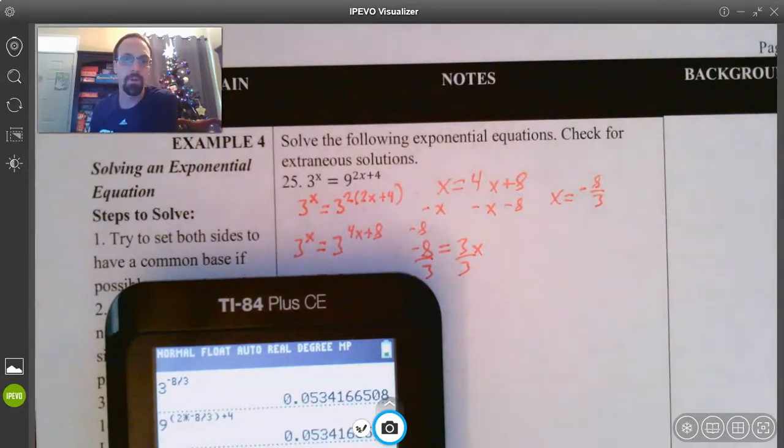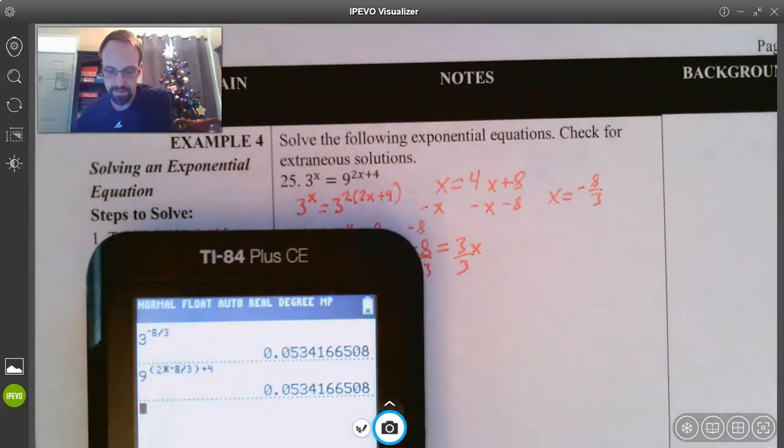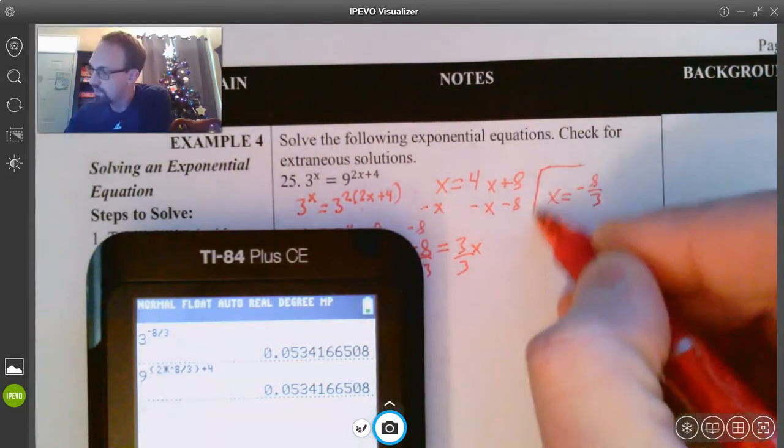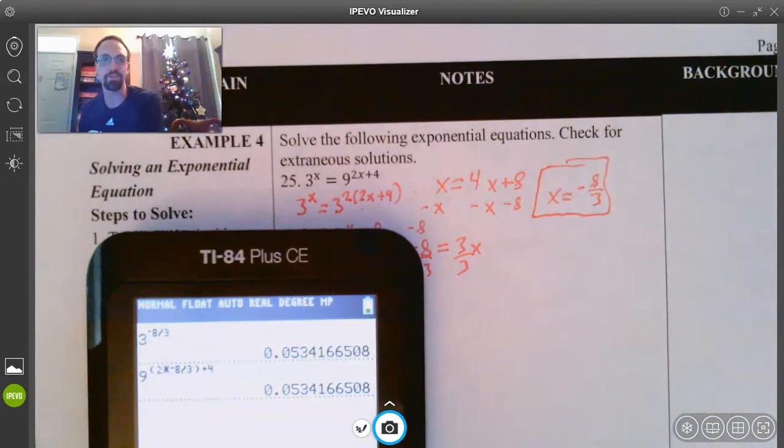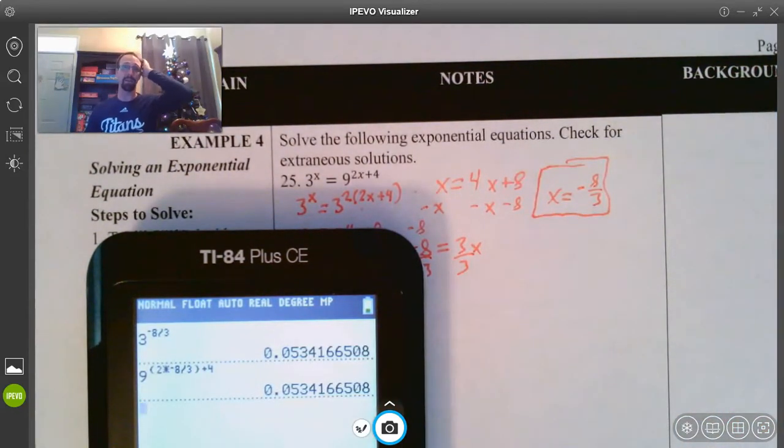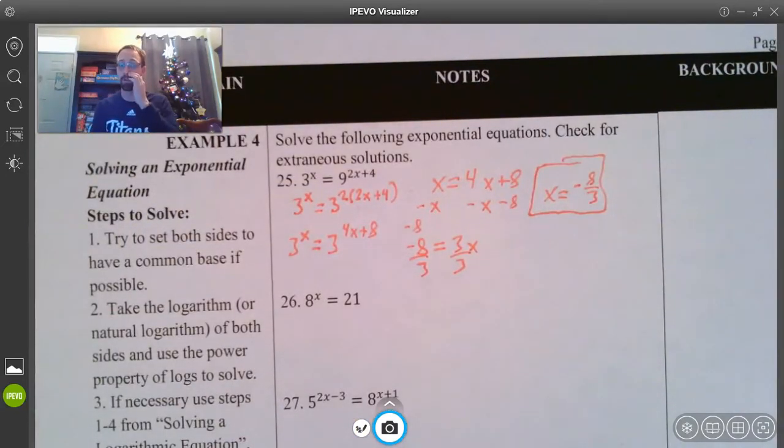And those are equivalent. And so this tells me that this is a solution. A lot of students want to jump into, from the previous section where we talked about having the domain be a negative number. With exponentials, you remember you can raise to a negative exponent. That is perfectly fine.